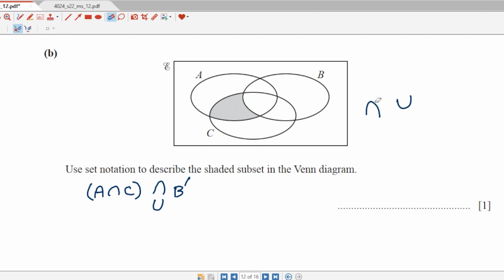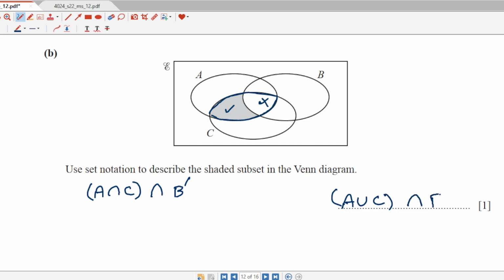In this case, the area represented by A intersection C is bounded by these two lines, but the area occupied by all three circles is not shaded, meaning it is excluded. If there is any exclusion, we will use intersection. So the final answer is A intersection C intersection B complement.